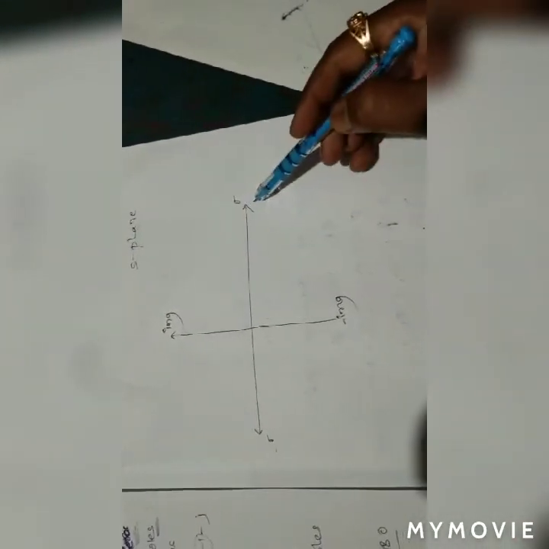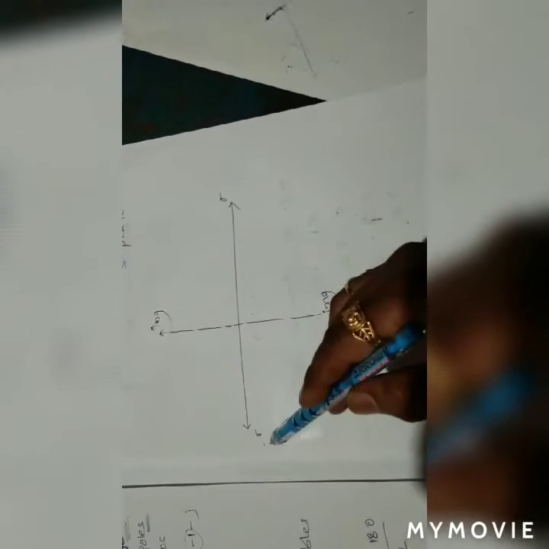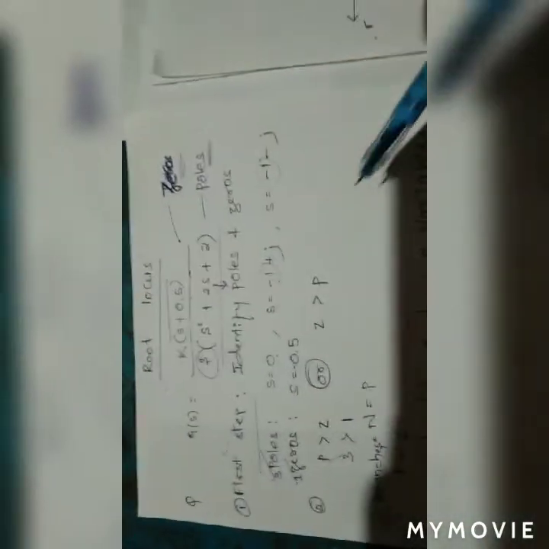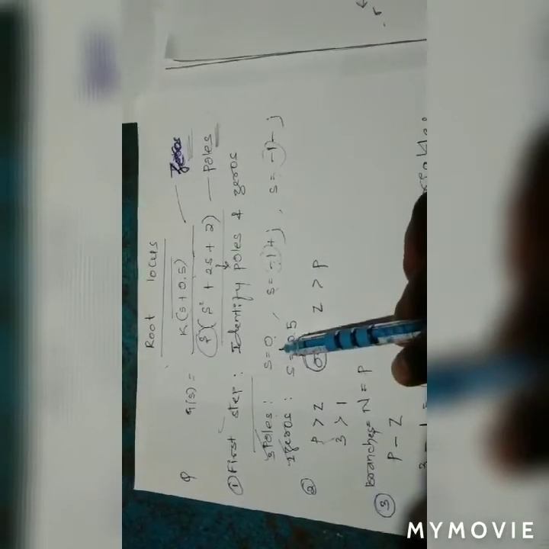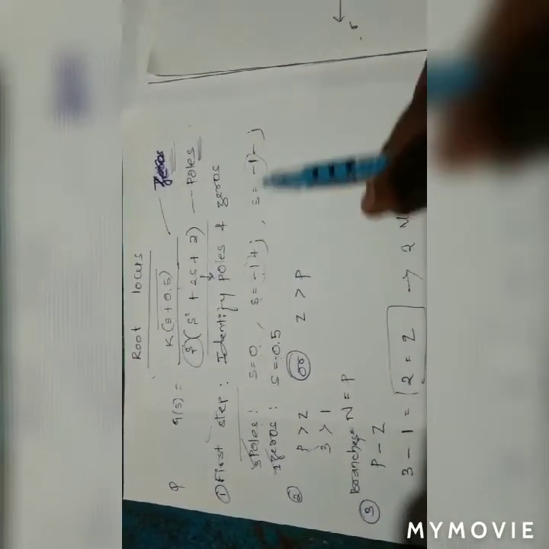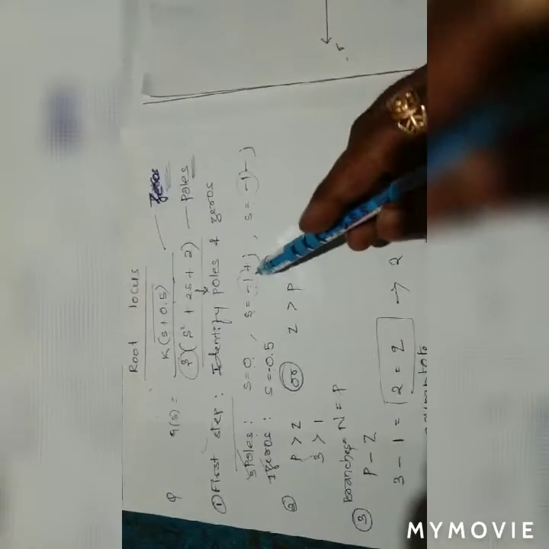This is called the S plane. We are having imaginary, then real. Here minus imaginary and minus real will be there. So first identify poles and zeros. See here, S = 0, -1 + j, -1 - j.